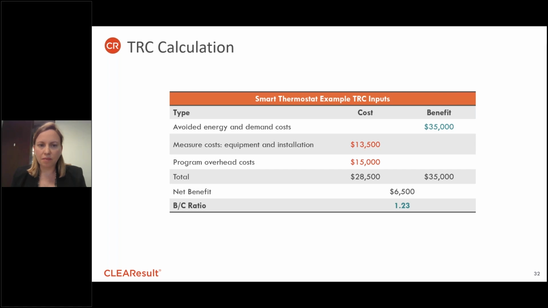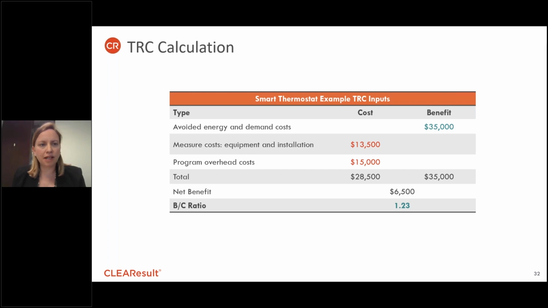By installing all of these thermostats, we're going to recognize $35,000 in avoided energy and demand costs. To get to the benefit cost ratio, it's simply 35,000 divided by 28,500, which gives us a benefit cost ratio of 1.23 in this example. It's above 1, so that's a good indicator that this is a cost-effective opportunity for you to consider in your portfolio.